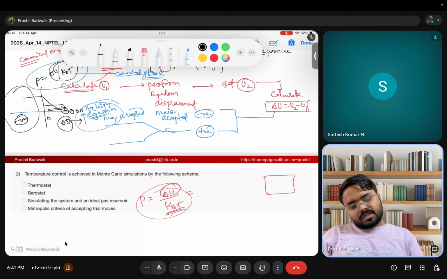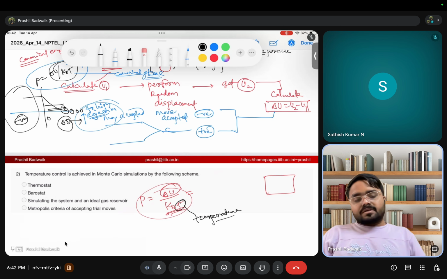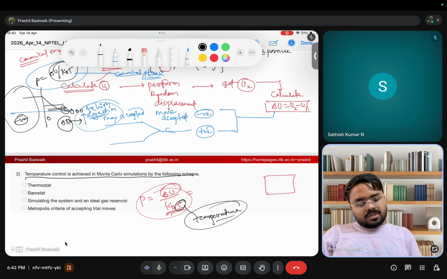So the temperature factor is here. That means temperature control in Monte Carlo simulation is achieved using the Metropolis criterion of accepting trial moves.